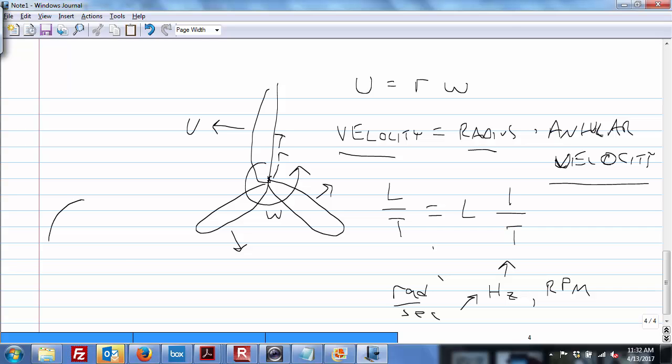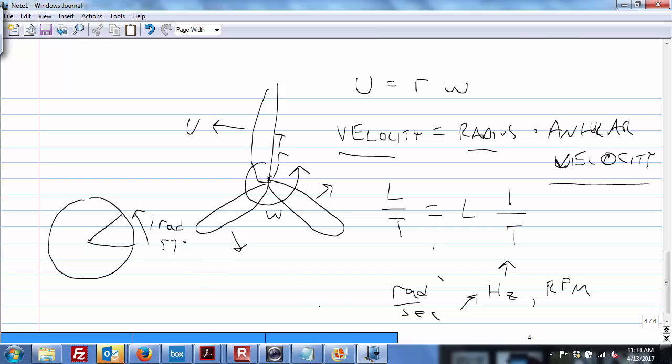Getting back to a circle, this will help you out when you do Euler's formula. 1 radian is about 57 degrees or so. And so there are 3.14 radians.